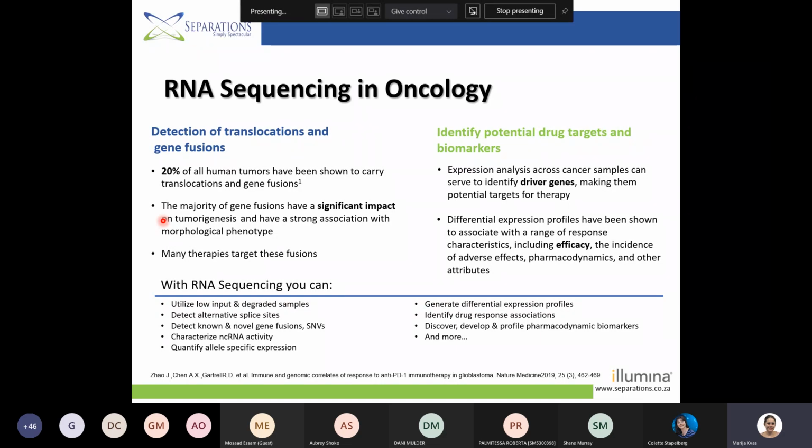So where our RNA sequencing will help, obviously, is not just to detect fusion and different alternative splice sites, but to characterize non-coding RNA, quantify allele specific expression, generate differential expression profiles, and identify drug response associations, right? And this will help us to discover, develop, and profile those pharmacodynamic biomarkers.